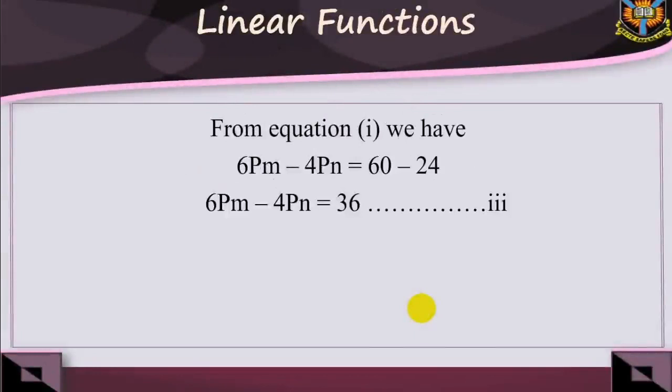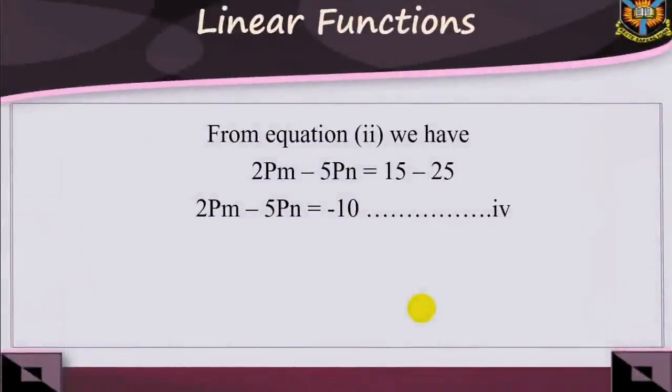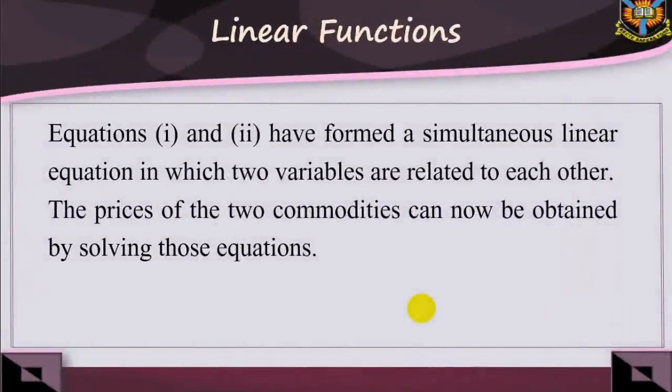From equation 1 we have 6PM minus 4PN equals 60 minus 24, so 6PM minus 4PN equals 36 as equation 3. From equation 2 we have 2PM minus 5PN equals 15 minus 25, so 2PM minus 5PN equals minus 10 as equation 4.